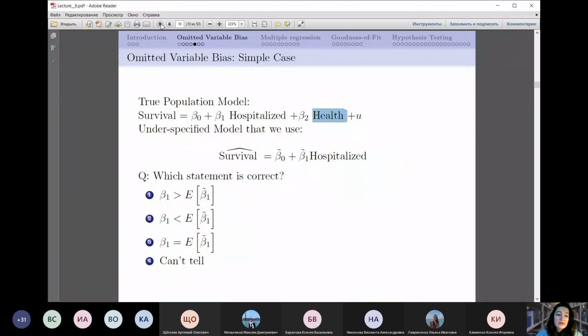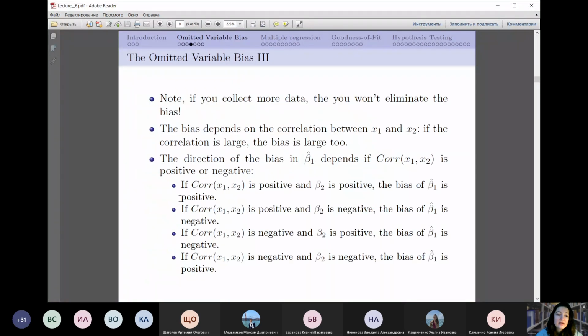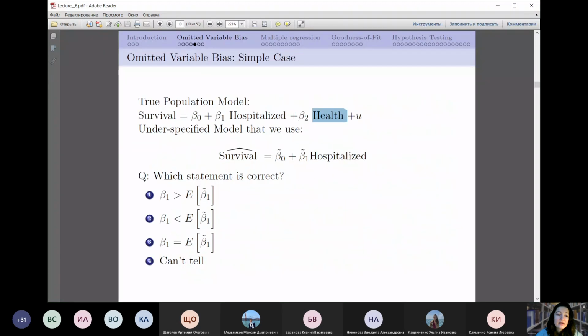So again, let's take a look at these combinations of correlation and the sign of the omitted variable coefficient, and provide your suggestion. What do you think? Which one is the correct statement?